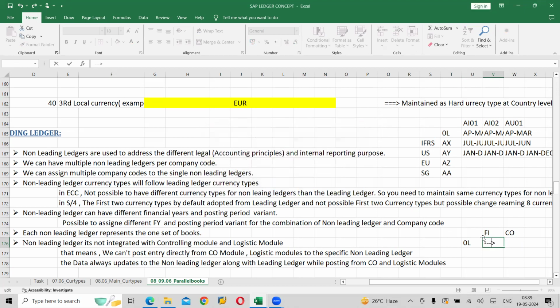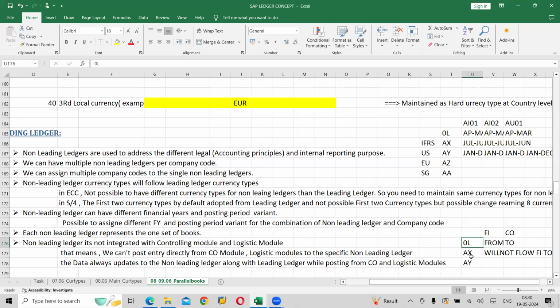But non-leading ledger data, for example AY, will not flow from FI to CO. Other logistics modules also, the data will not flow from the FI module to the CO module.